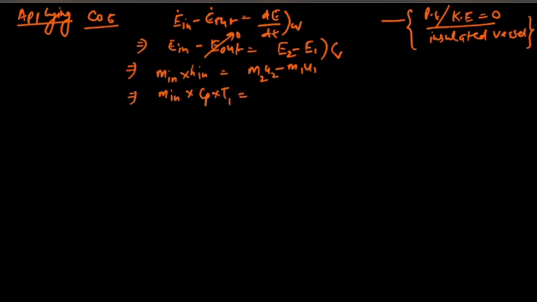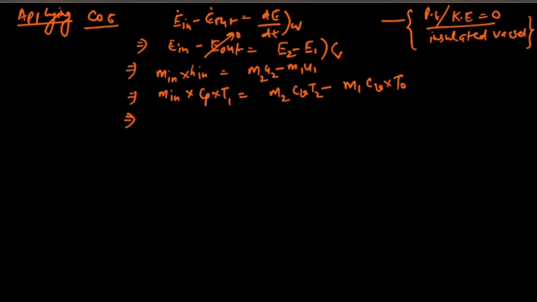So this equals m2 u2, which is Cv T2, minus m1 u1, which is Cv into T0. T0 is the temperature corresponding to the initial state. We should not be confused: the initial state is state 1, but it is represented by T0 and P0 as the initial pressure and initial temperature.